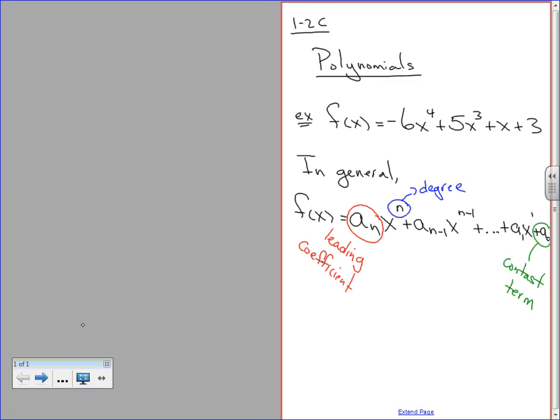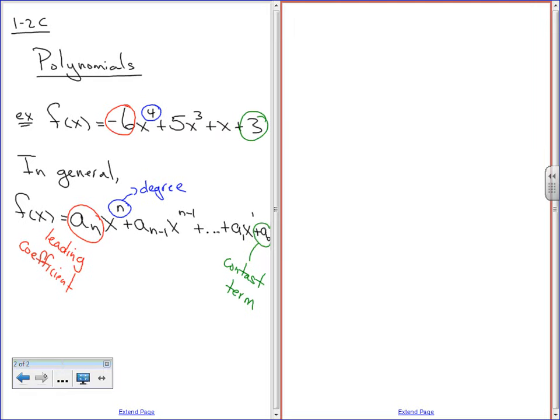So I'll just color code them for the benefit of the note. So what you need to be able to do is identify these terms from different polynomials. Okay? So any questions on that? It's pretty straightforward stuff, right? Okay. So just try a quick example.